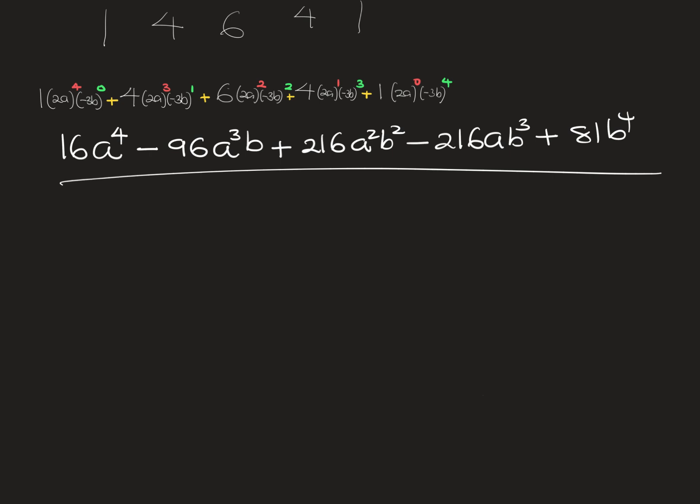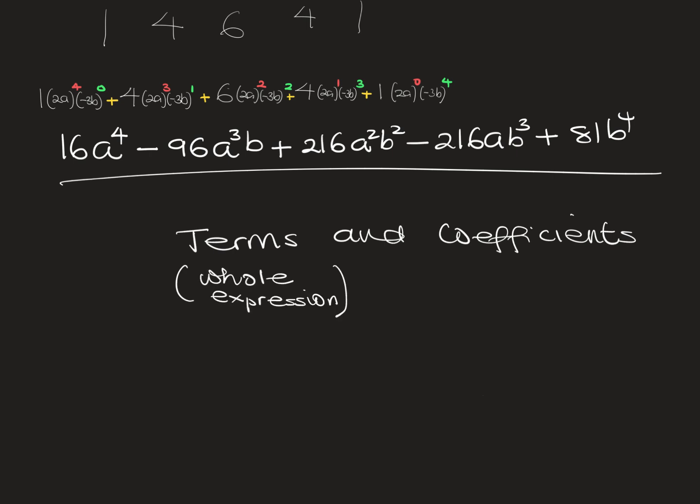Now, let's quickly describe terms and coefficients. Term means the whole expression, and the coefficient is the number. So this is the first term, this is the second term, this is the third term, this is the fourth term, this is the fifth term.